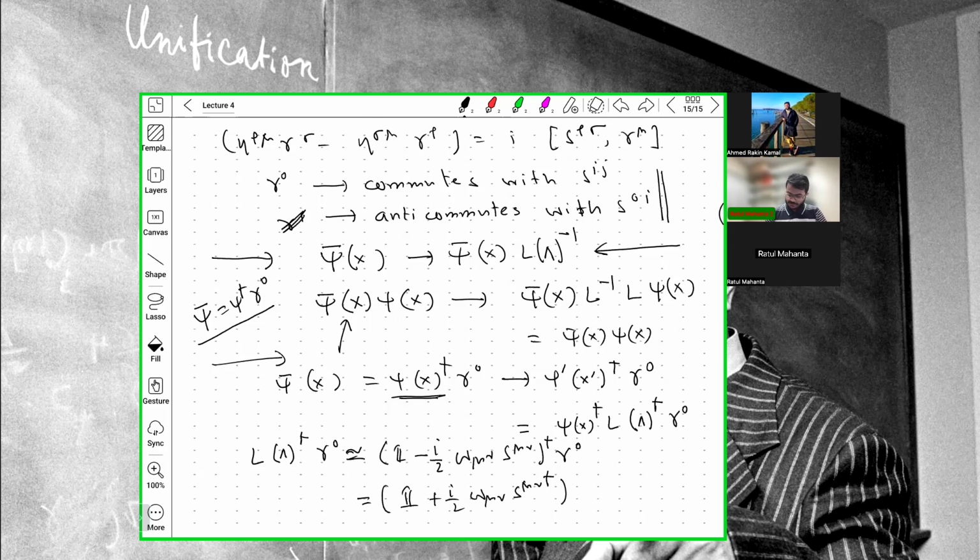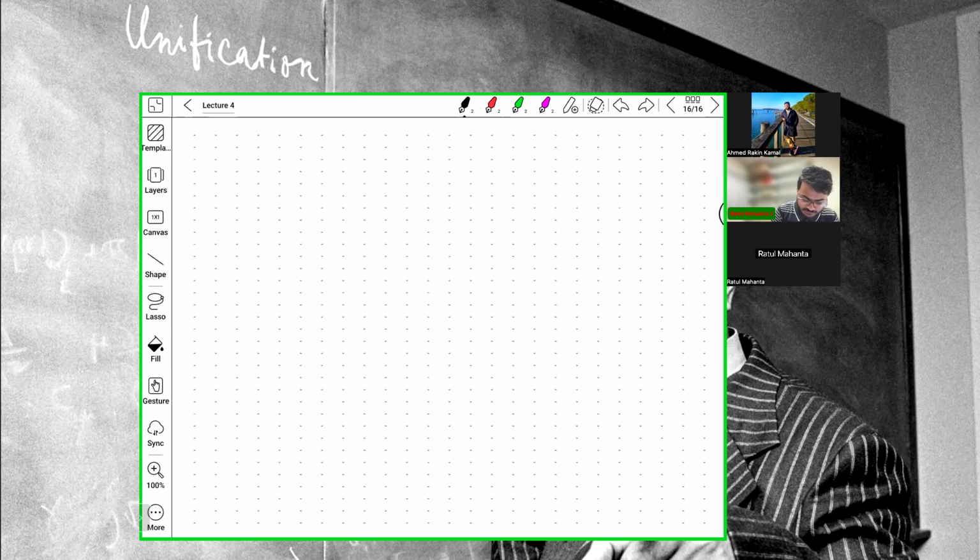So I have written down this quantity. We know that these are not Hermitian. If L was unitary, so S was Hermitian, then L inverse equals to L dagger.